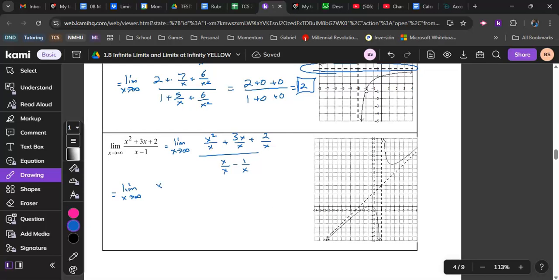X squared over x is x plus 3 plus 2 over x. X over x is 1 minus 1 over x. And at that point, I plug in my infinity, and I'm going to get infinity plus 3 plus 0 over 1 minus 0, which is really infinity, right? Adding 3 to infinity doesn't matter. So this is really just infinite.